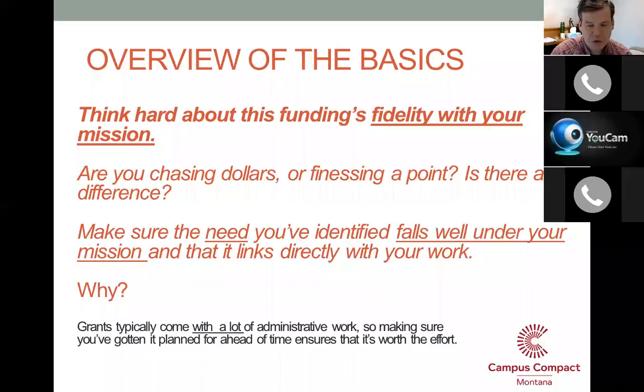I say this because grants, especially federal grants, come with a hefty amount of administration: the need to do billing, provide solid accounting, do reporting, and maintain compliant records. It's a lot typically. So if it's a good fit, it makes that worth it. If it's a tough fit and you're struggling to see how it makes sense, I think it's oftentimes not worth it.